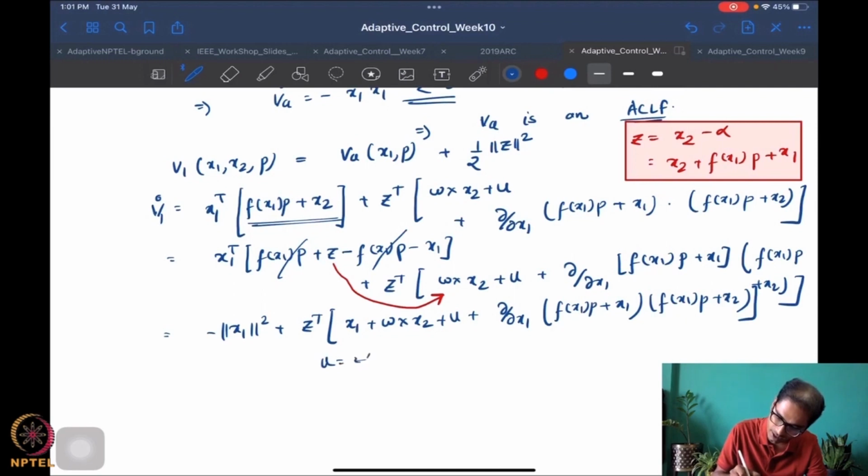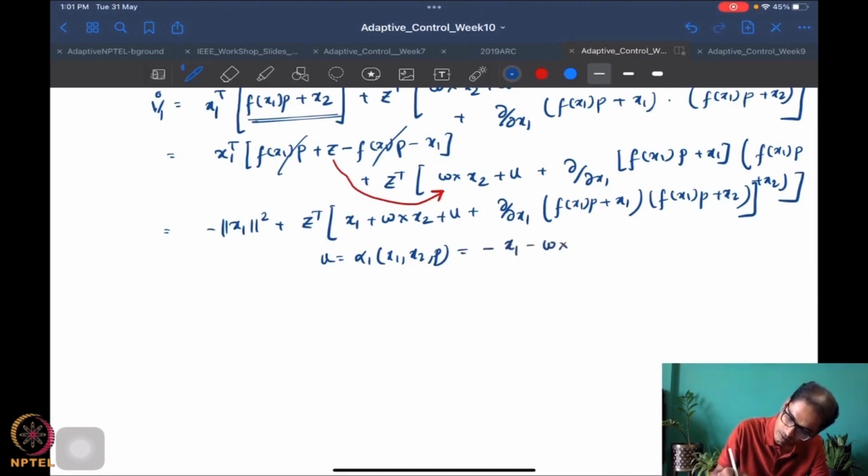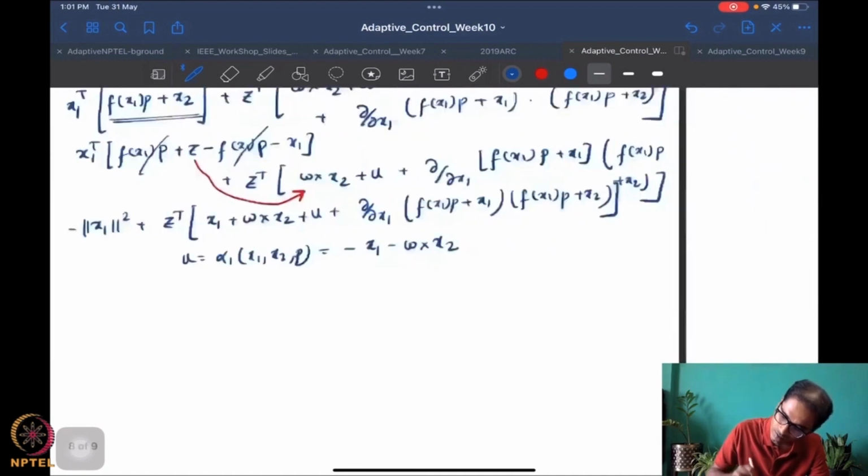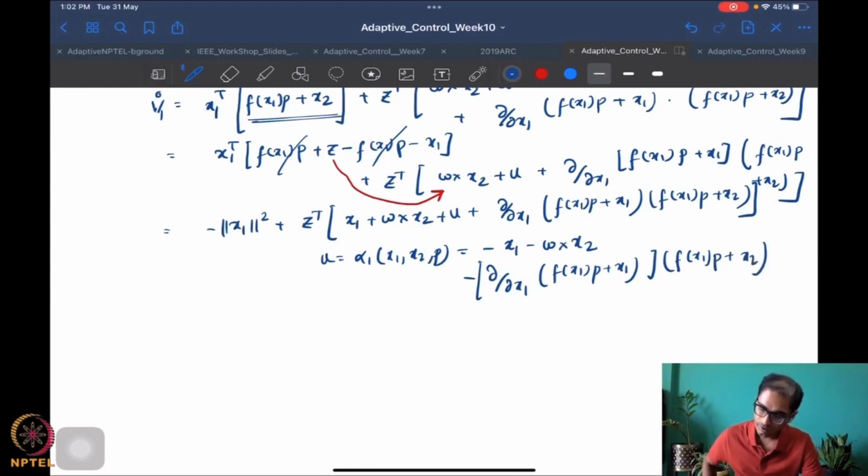Now my control u, defined as alpha 1 of x1, x2, p, will be minus x1 minus omega cross x2 minus del x1 of f(x1) p plus x1 times f(x1) p plus x2, and minus a nice negative term.